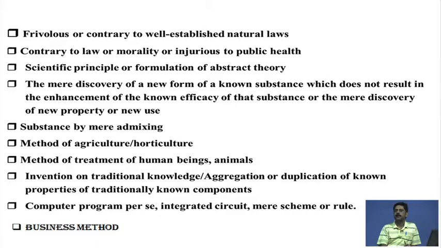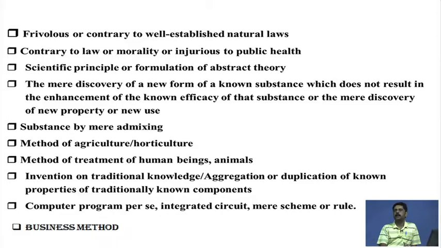Similarly, business method. What do you mean by business method? E-commerce has been coming up nowadays. E-commerce-related inventions will not qualify to be patentable. A new way of doing business, how you can attract the client, how you can do advertisement, all sorts of things will be considered a business method. Just like you have heard about the Amazon one-click patent.